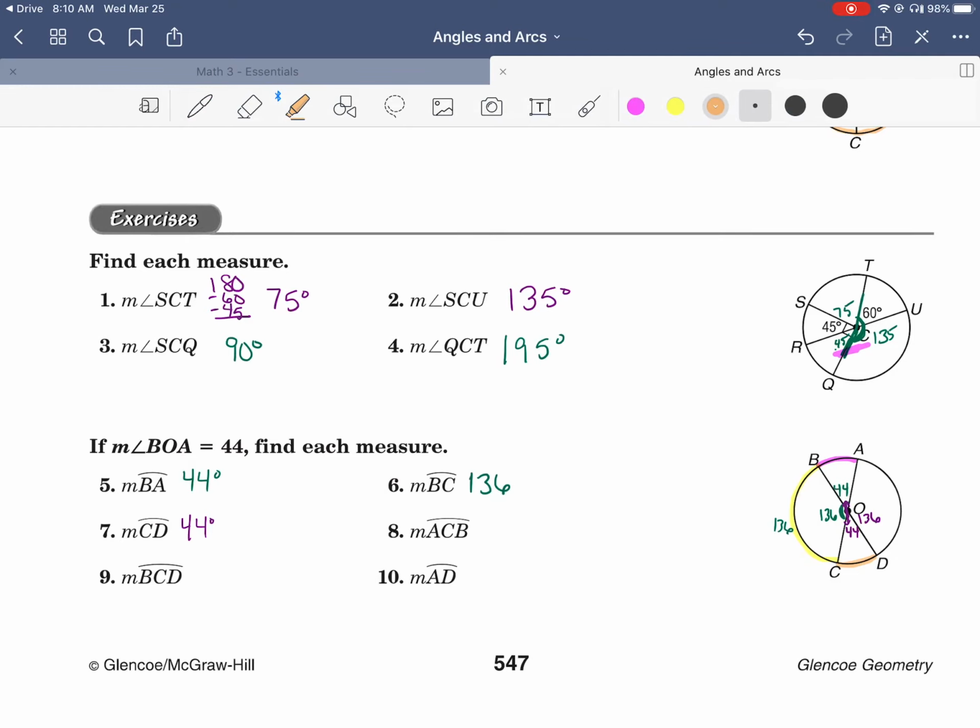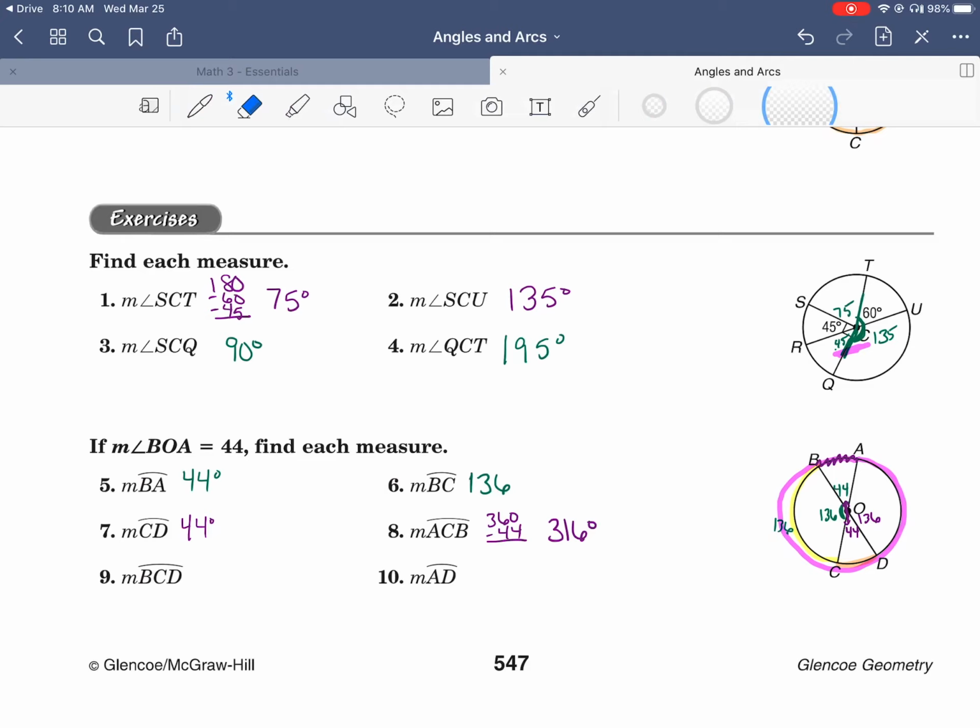ACB, so I need to make sure I'm going the right way. ACB is all of that, everything but the 44. So I'm going to do 180. Nope, I'm not going to do 180. I'm going to do 360 minus the 44 because it's a whole circle except for this little piece. I don't want that little piece. Okay, which gives me 316 degrees.